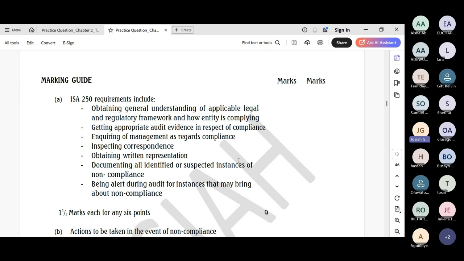Documentation, very important. So aim to reproduce at least 6 of these points, ensuring they elaborate briefly on what each step involves. So for example, for obtaining a general understanding, add this part of obtaining understanding of the entity and its environment, like the legal environment, based on ISA 315, is in the solution.